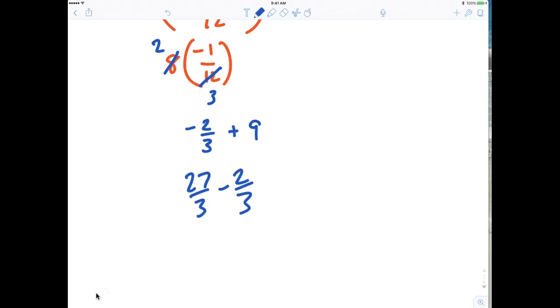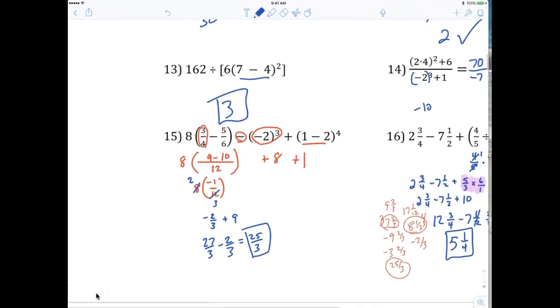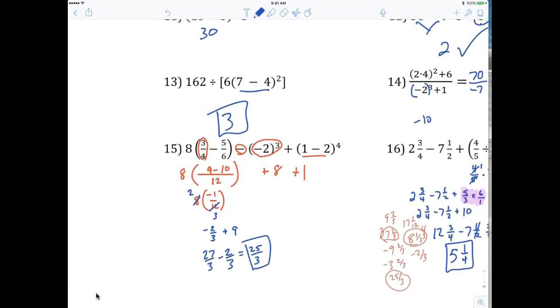Everybody happy with that explanation? And so your final answer is actually what? Who said 25 thirds? Or 8 1/3. But I prefer 25 thirds. Yes, I like your happy dance.